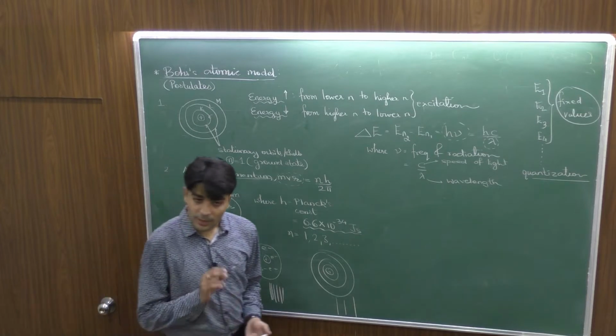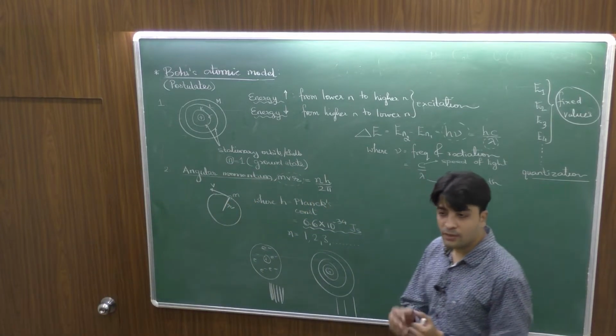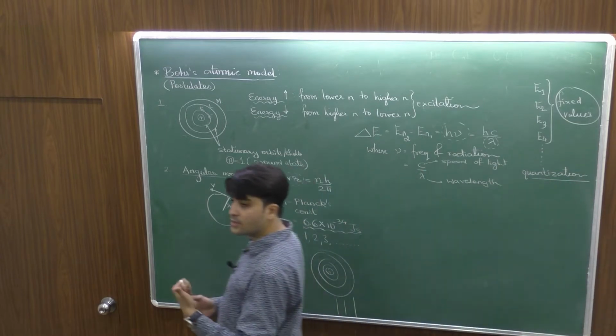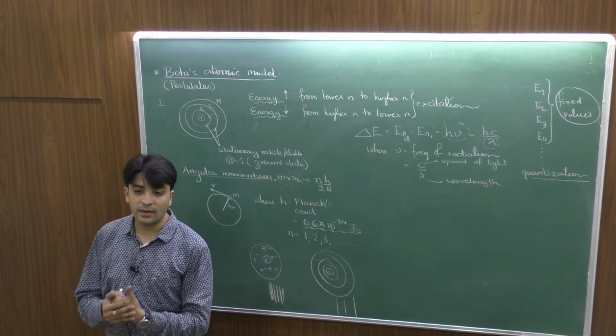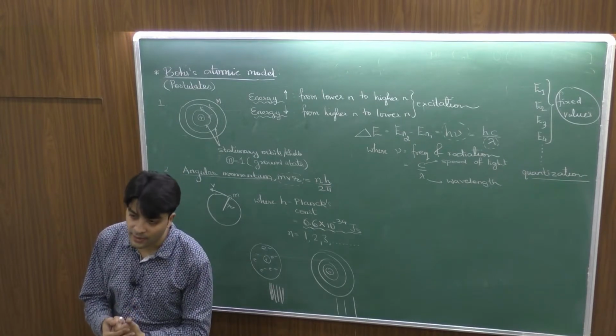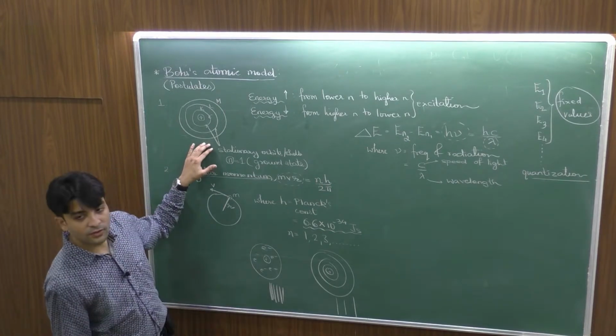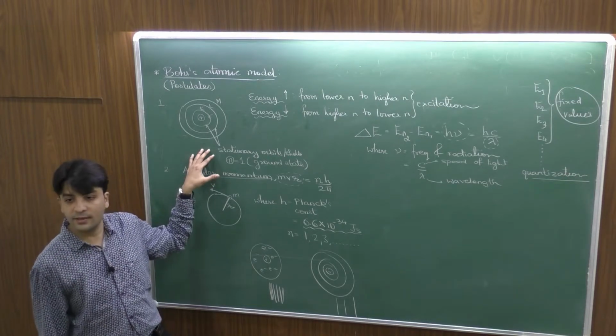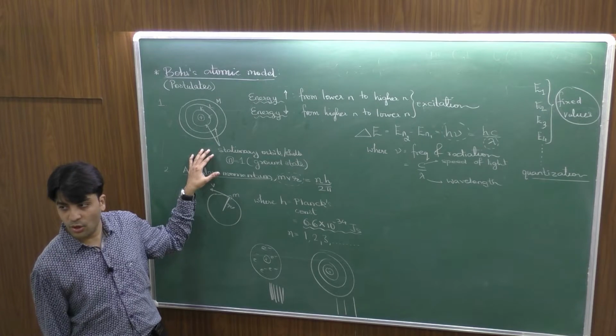Clear? So coming back to Rutherford's atomic model, two drawbacks get eliminated through Bohr's atomic model. First was the electron revolving around the nucleus and following a spiral path. Here it is not possible because the energy of the electron, as long as it remains in a specific orbit, is always going to be constant or fixed.